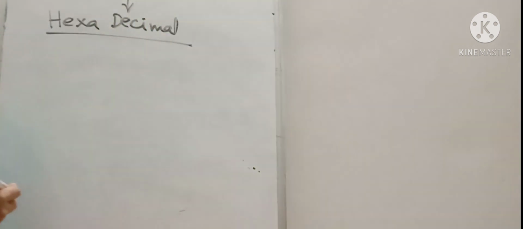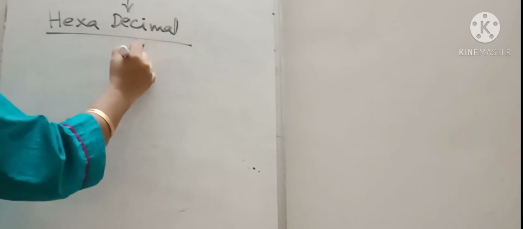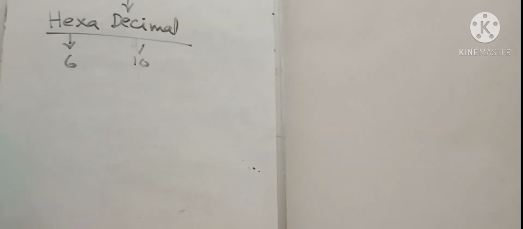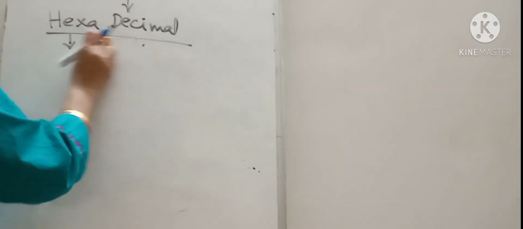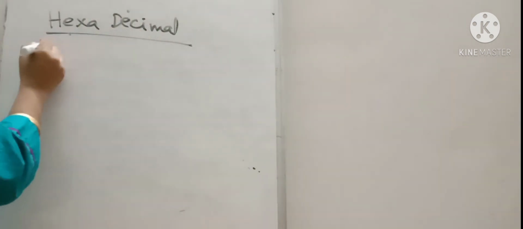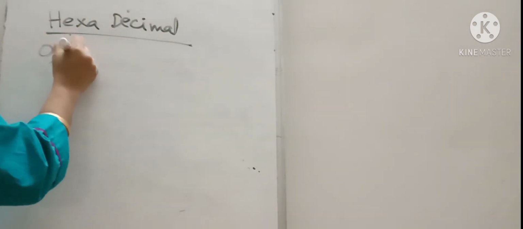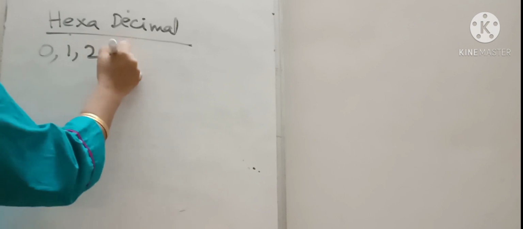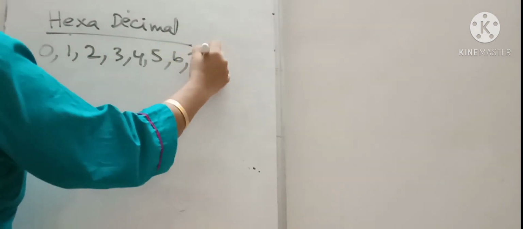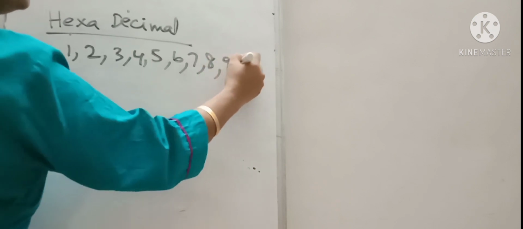So here we use total 16 digits. Okay. The digits are 0, 1, 2, 3, 4, 5, 6, 7, 8, 9.